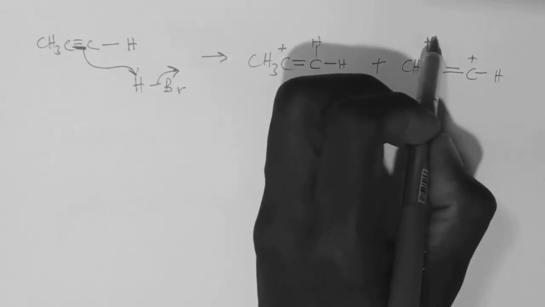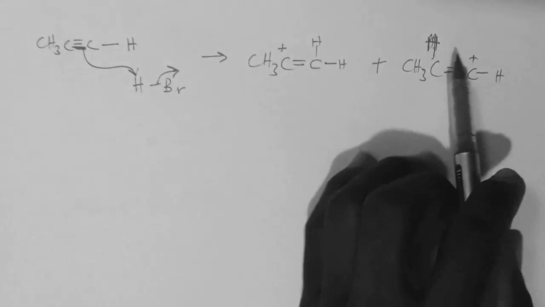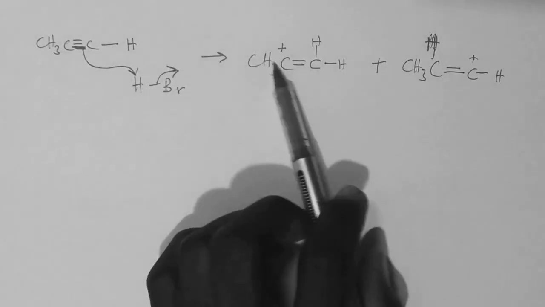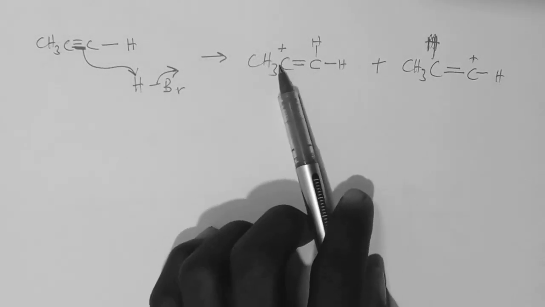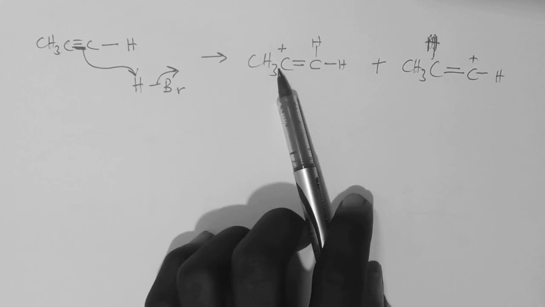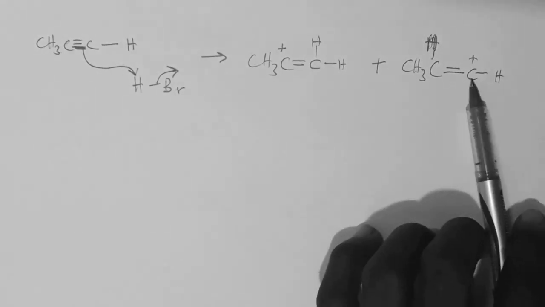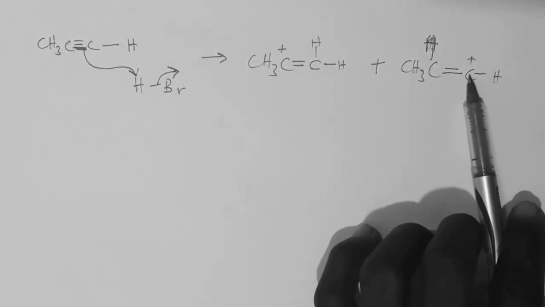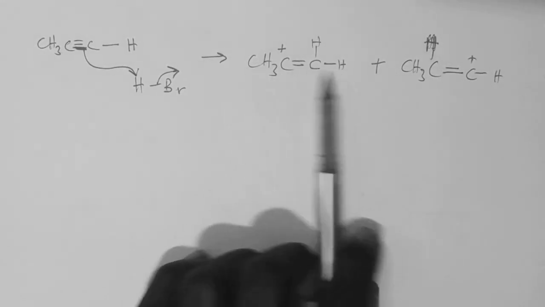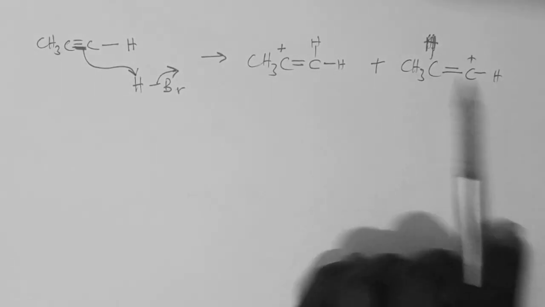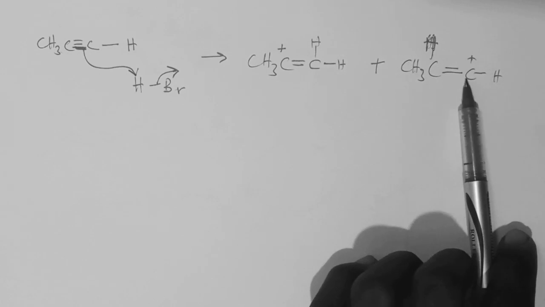But the reason why this will not form in solution is because in this case, the carbocation is on a secondary carbon. But in this case, the carbocation is a primary carbon. Carbocation on a secondary carbon is more stable than carbocation on a primary carbon.